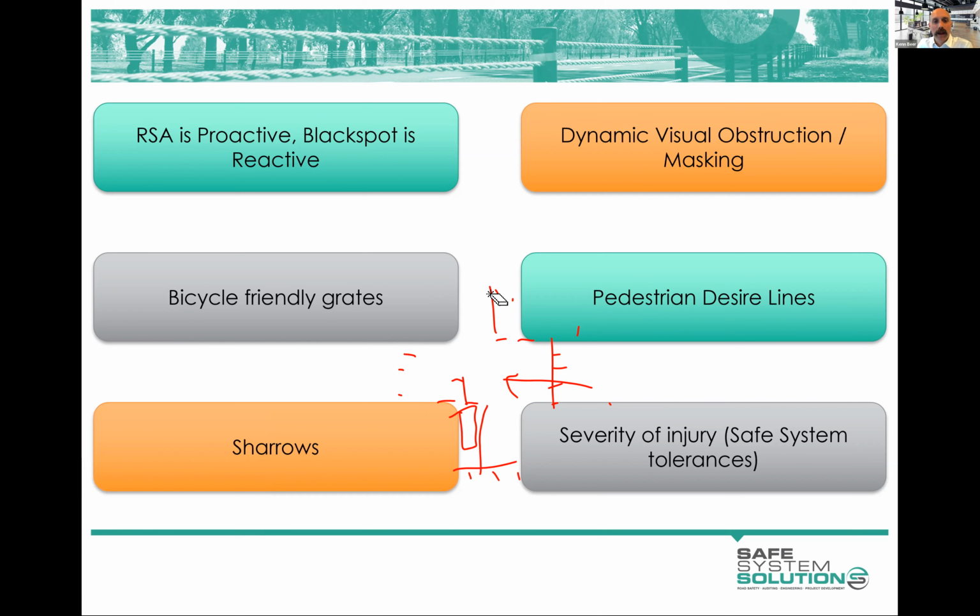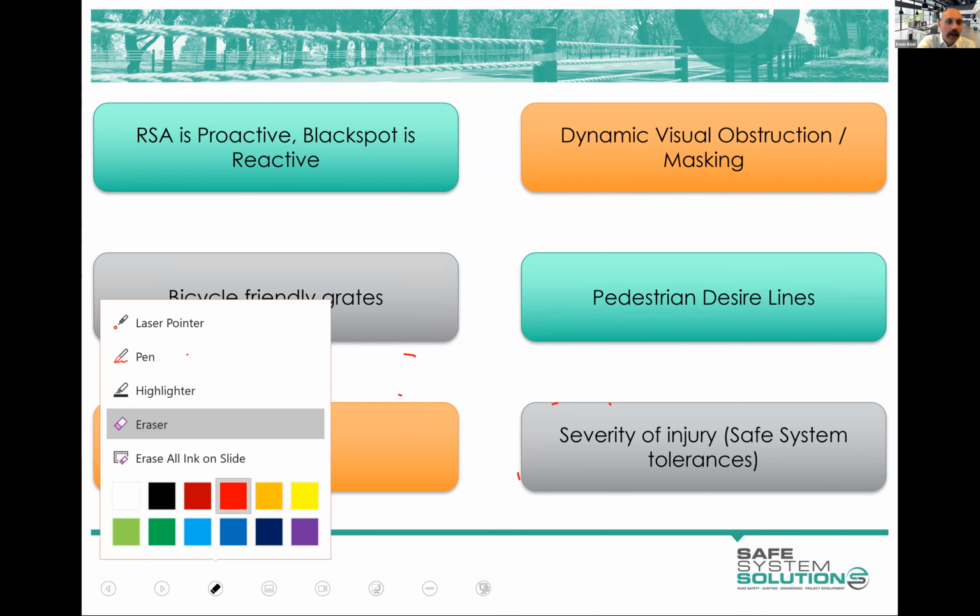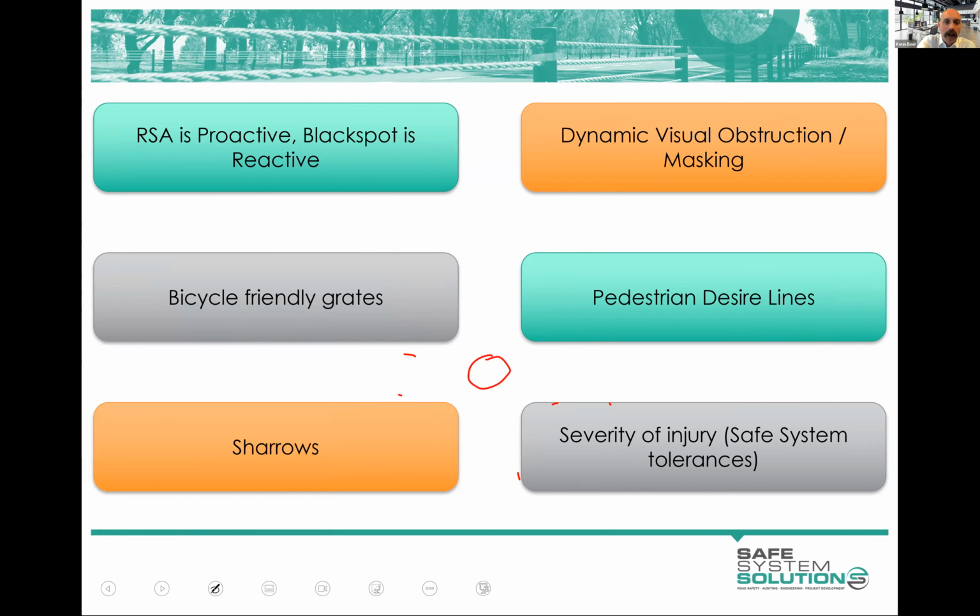Another example could be doing a similar thing, but with a roundabout. Okay, so we'll pop a little roundabout in here. And again, I wouldn't get too worried about the specifics of the design of it, because it's not the role of the auditor to do all the design work.